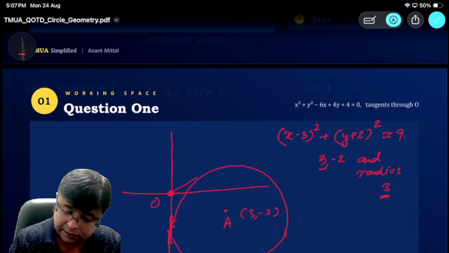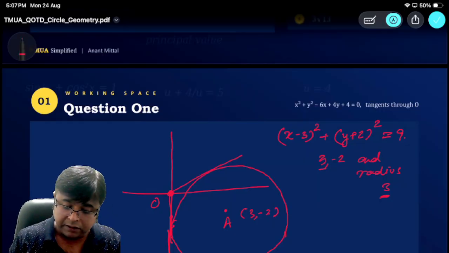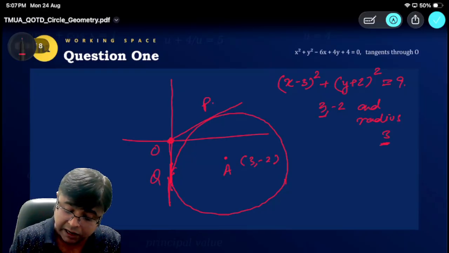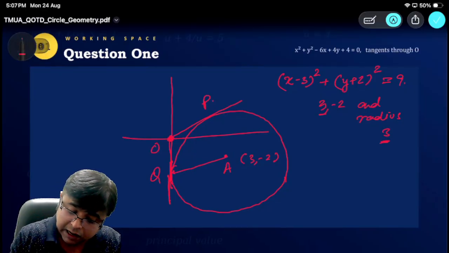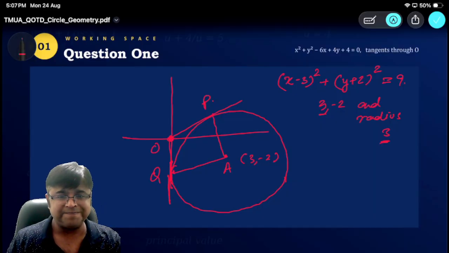So this tangent and this tangent touch at P and Q, right? So this is what they are saying. If I join all the 4 points, I need to find the area of this, right?